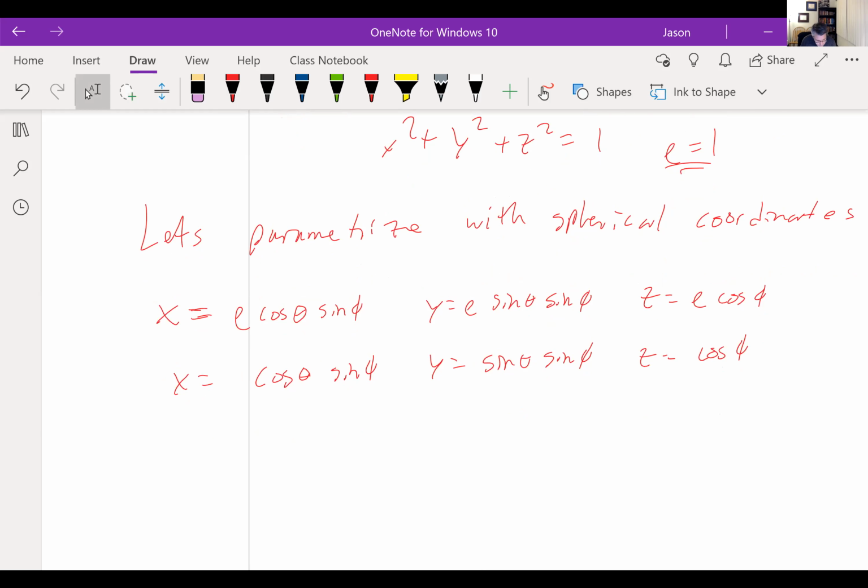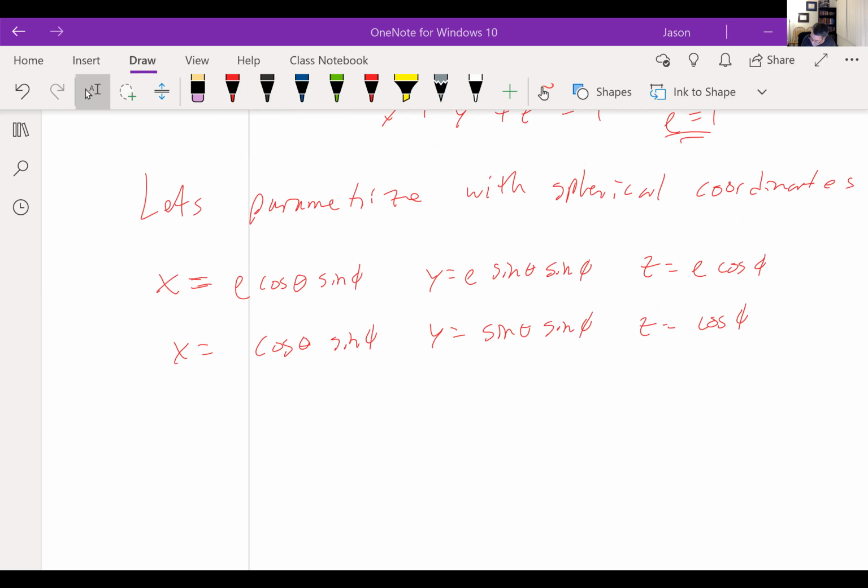So what would r of theta look like? r of theta would be equal to dx d theta i, dy d theta j, dz d theta k. dx d theta: the derivative of cosine is negative sine, so this is negative sine theta sine phi i.